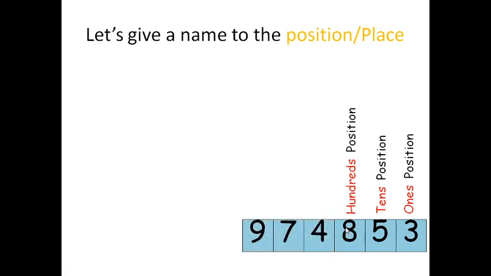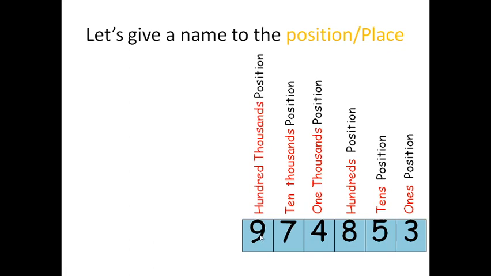Okay, now let's take another 3 numbers. Now the 4 is represented in which position? What is the name of the position of 4? It is the thousands position. Now digit 7: the name of the position is the ten thousands position.